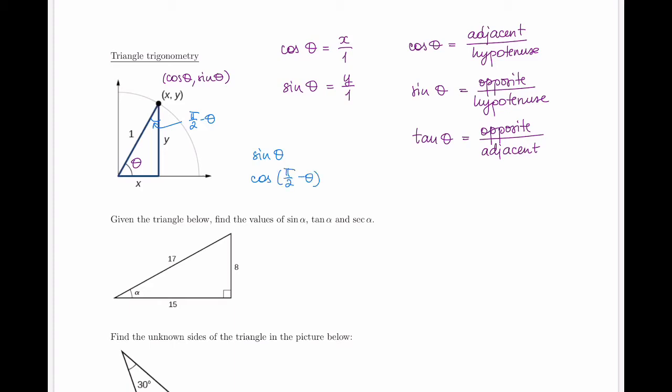Okay, so sine theta of this angle right here is opposite over hypotenuse, so y over 1. Cosine of pi over 2 minus theta is the cosine of this angle, which is adjacent over hypotenuse, so also y over 1, which means that these two values are actually the same.